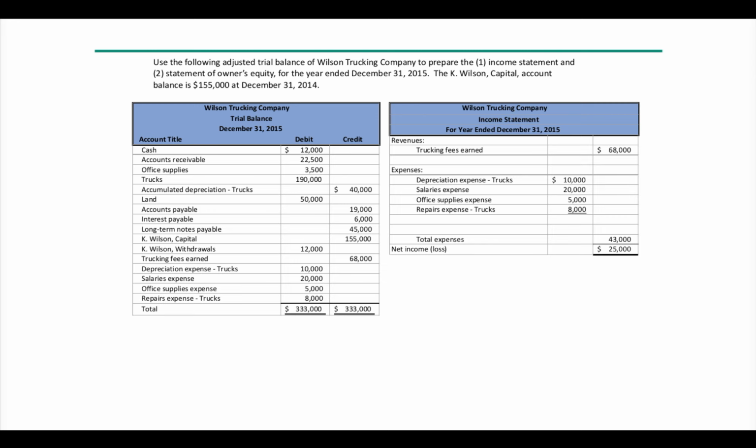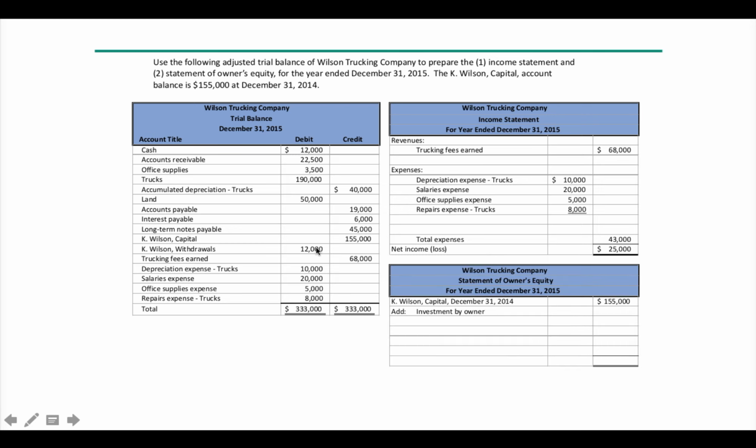Again, that will become part of our changes in owner's equity. And similar to our other example, I don't see any additional owner investments, but I do see a withdrawal. So our changes in owner's equity, it's going to go beginning balance here. To that, we're going to add net income. We'll subtract owner's withdrawals, and that'll bring us to our ending balance.